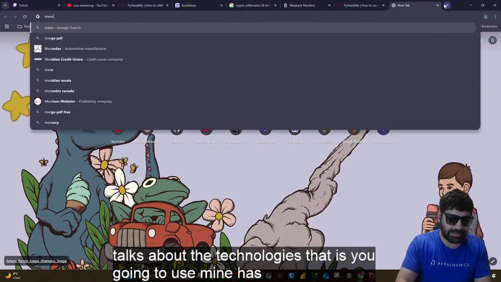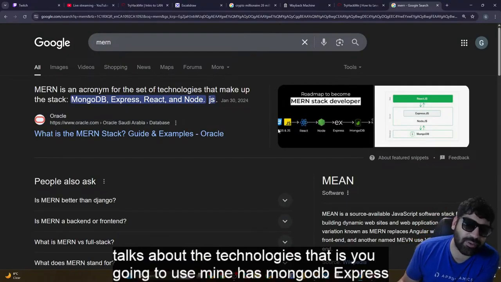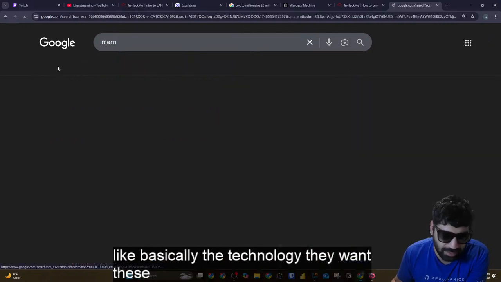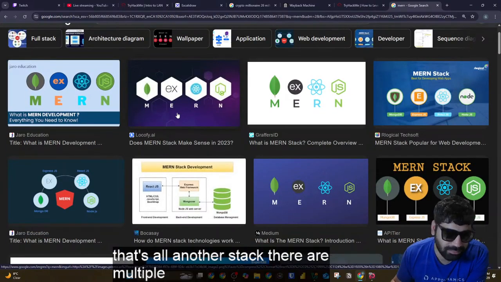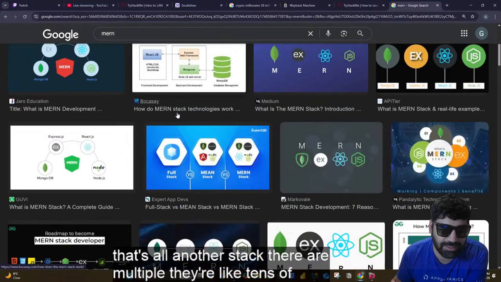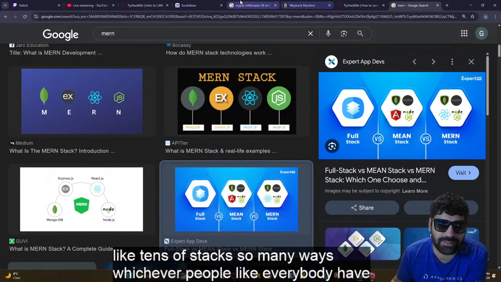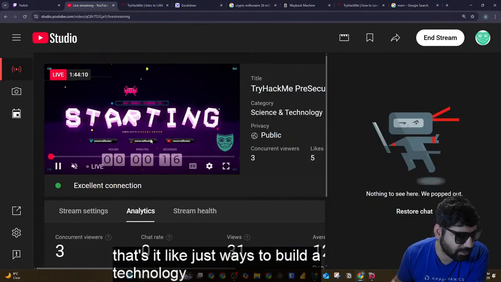MERN has MongoDB, Express, React, and Node.js. That's all. There are tens of stacks, so many ways, whichever people like. Everybody has their own preference. But that's it, just ways to build a technology, right?